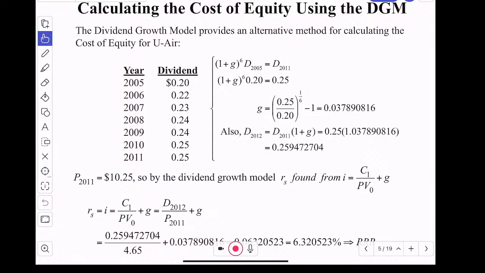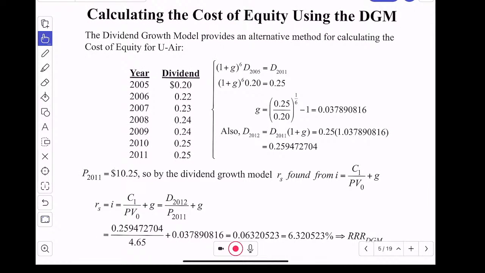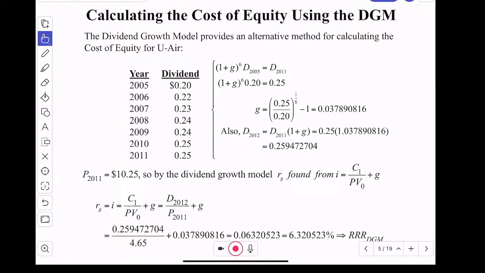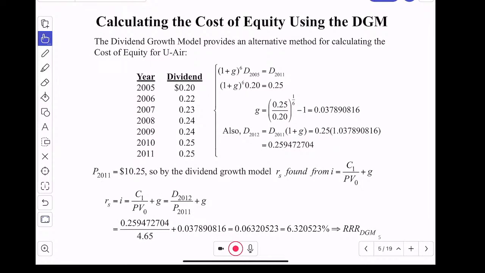What if I want to compare the cost of equity I computed using the capital asset pricing model to something else? An alternative model, and I did mention this in the videos from Monday, is known as the dividend growth model.